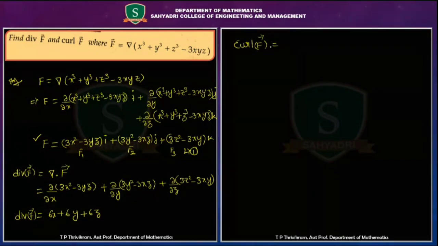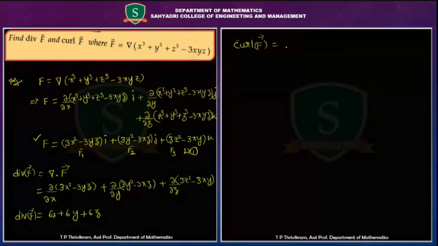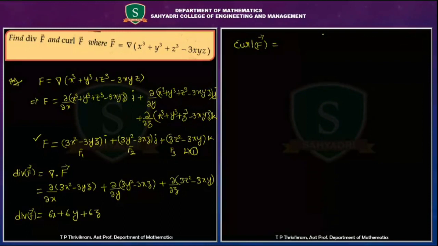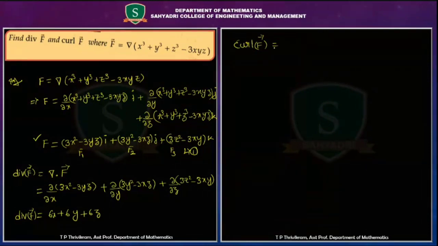How to write curl f in symbolic form? Like for divergence f, I have written del dot f, right?